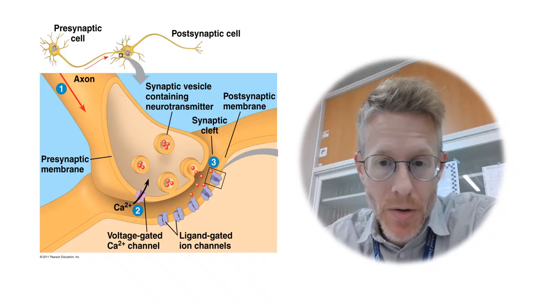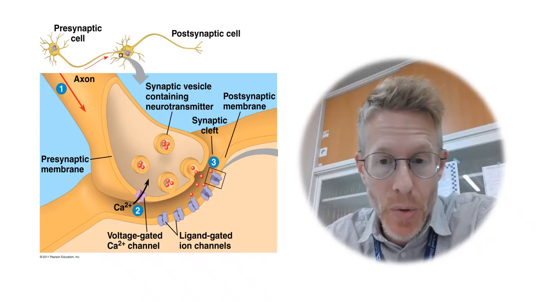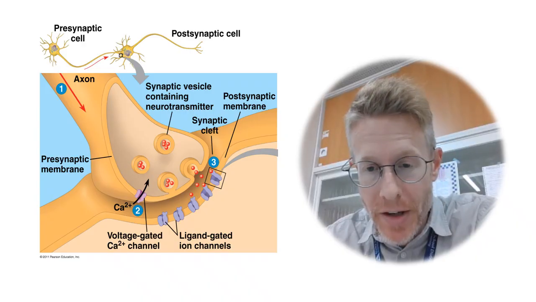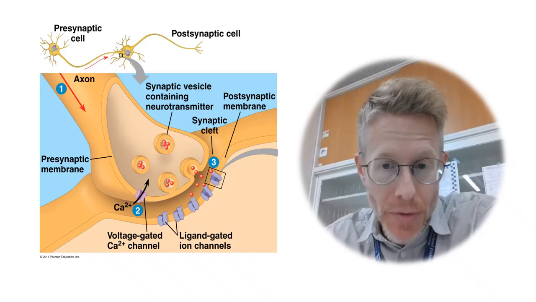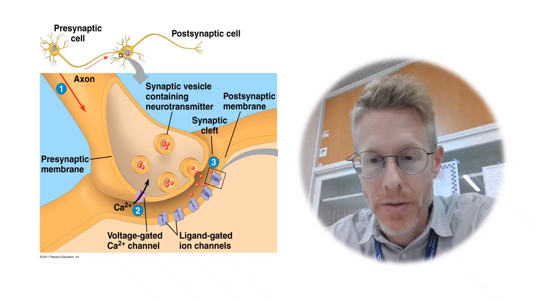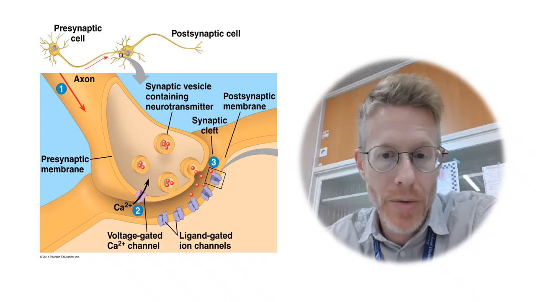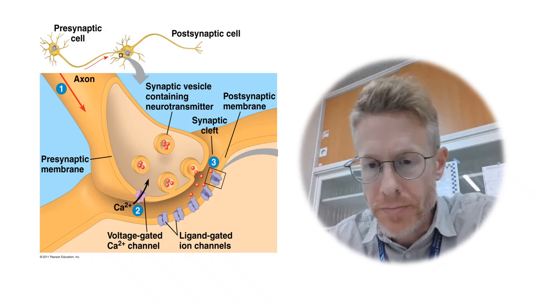And in the case of acetylcholine, the ligand-gated ion channels allow sodium to come in. And so as sodium rushes into the postsynaptic neuron, it causes a rise in charge, which then, if it reaches the threshold, you can imagine that would trigger an action potential in the postsynaptic neuron. That would be the effect of an excitatory neurotransmitter. There are also inhibitory neurotransmitters, which would have the opposite effect.